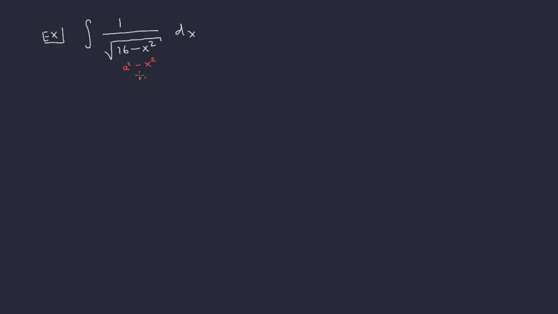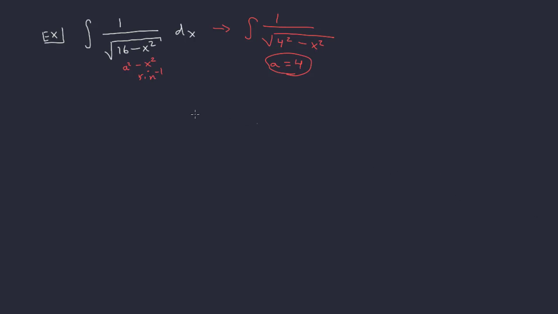Now remember, and this does trip people up, this is an a squared, but our integral rule is an a. This is actually the integral of 1 over the square root of 4 squared minus x squared, and that makes our a 4.